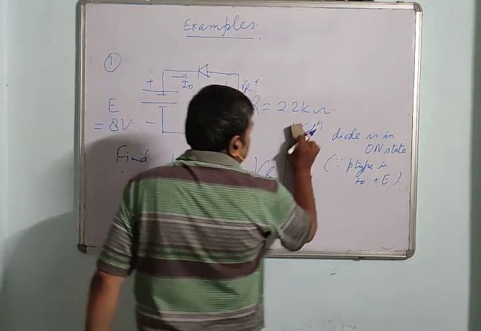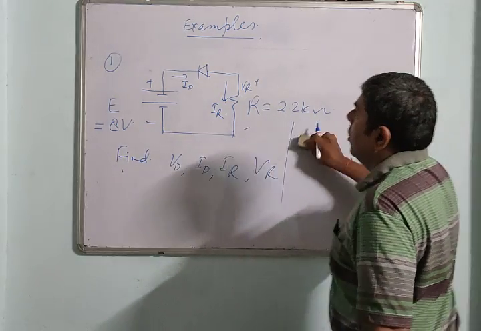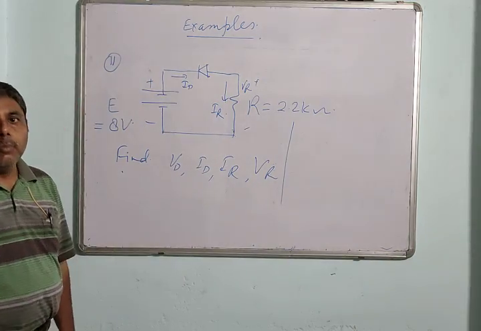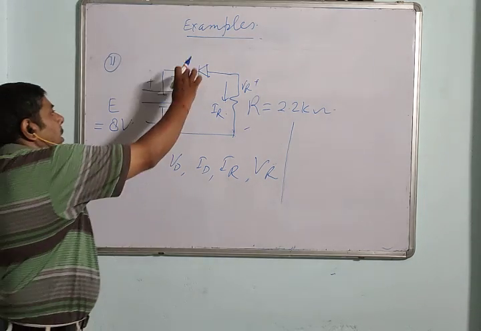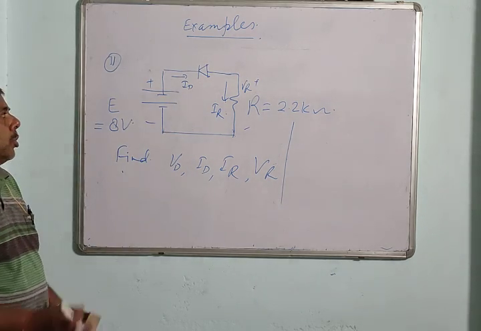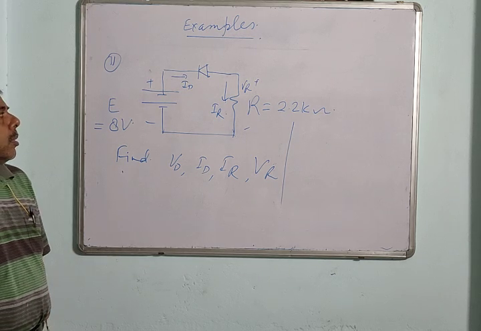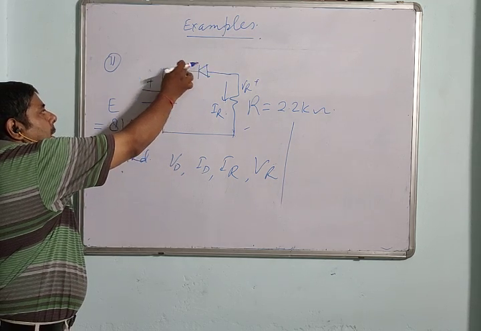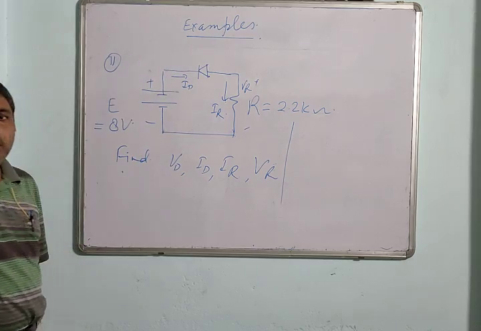So now this problem is changed. So now this is second problem. Only you are changing the biasing position of diode. Now negative terminal of diode, that is N type of semiconductor, is connected to positive terminal.